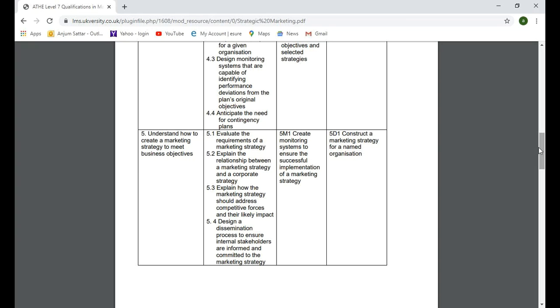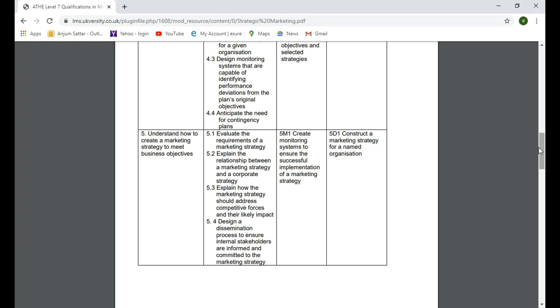If you have good research and you do a marketing audit, meaning analysis of what is happening within the environment, internal and external, then SWOT analysis, strengths, weaknesses, opportunities, and threats, can be good. These are the requirements to develop good marketing strategies that will help you to achieve your organization's objectives.